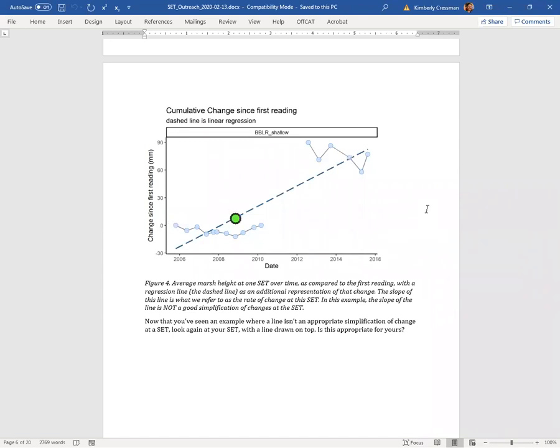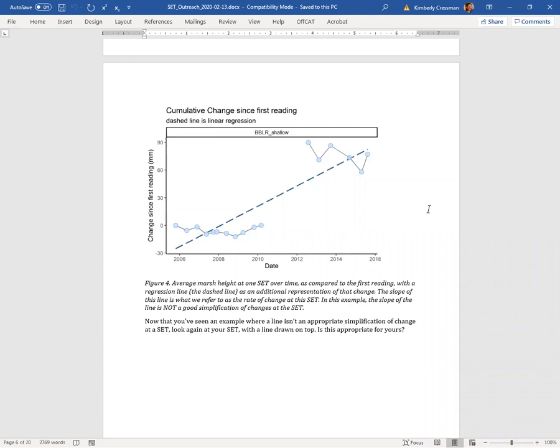And the earlier time looks like it could be decreasing or staying the same, that one's a little trickier. But the really obvious thing is, something happened in between these segments. And if you take the slope of this line and say, that's the change at this set, that's not telling you what you think it's telling you. This line is not a good descriptor of the change at this surface elevation table.